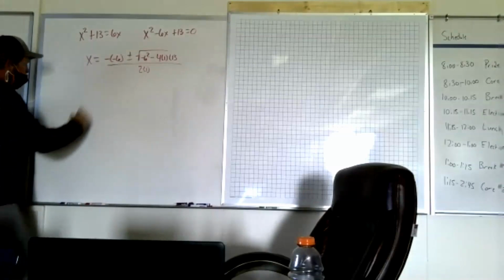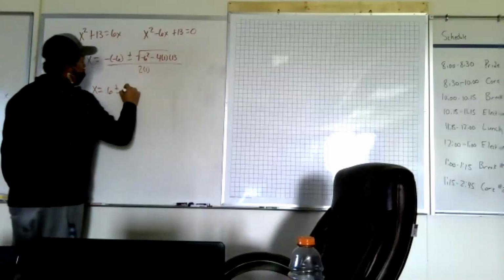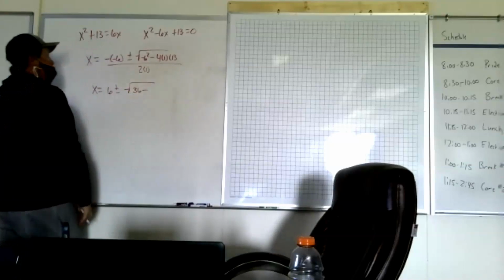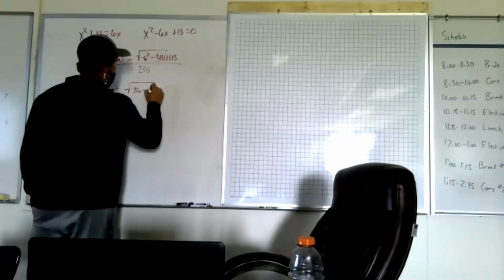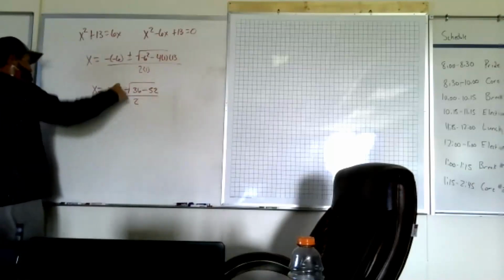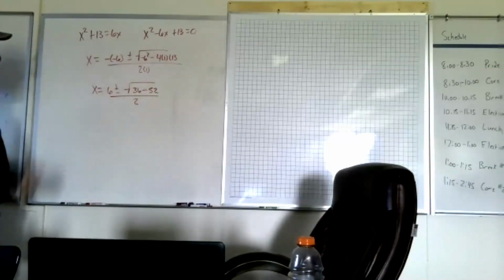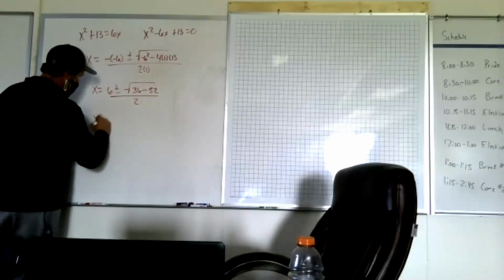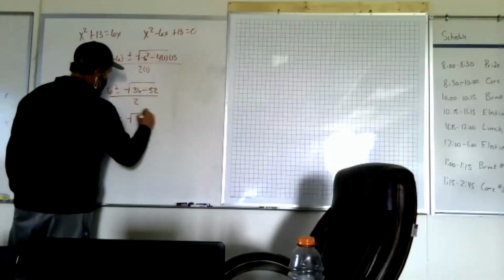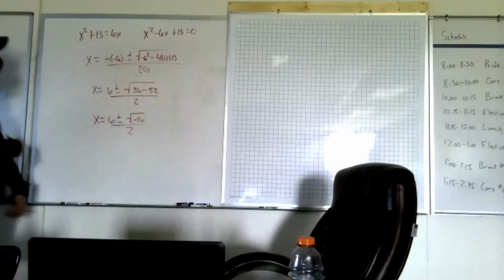Now I simplify. x is equal to 6 plus or minus the square root of 36 minus 52, all over 2. So 36 minus 52 is going to give us an imaginary number, because we're going to have a negative 16 underneath the radical. But we can solve that with the element of 4i.